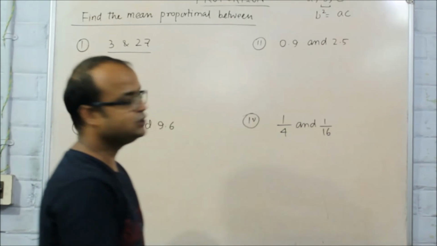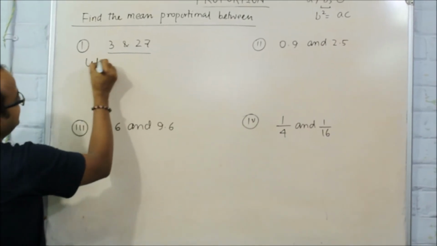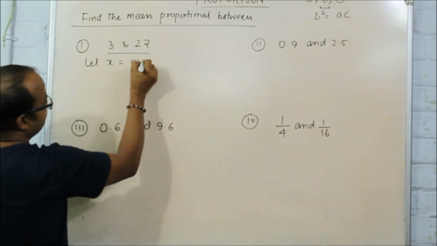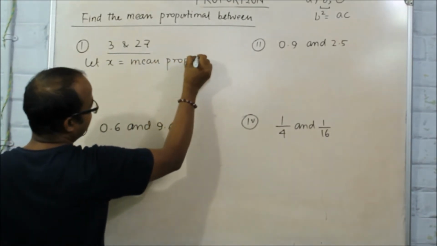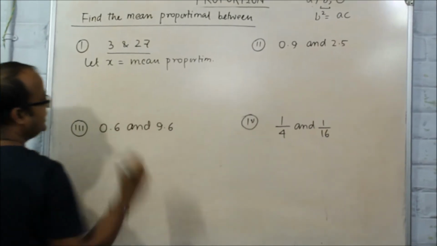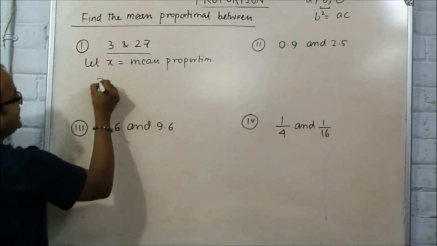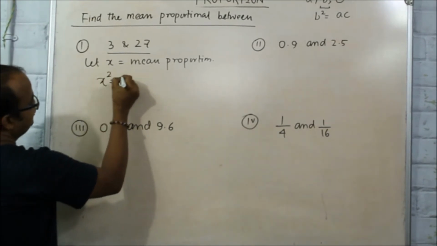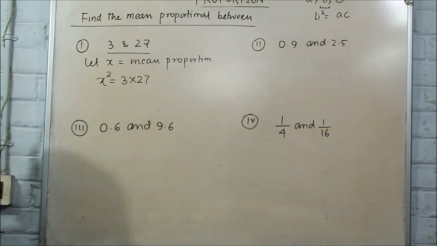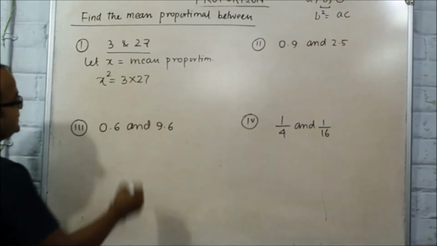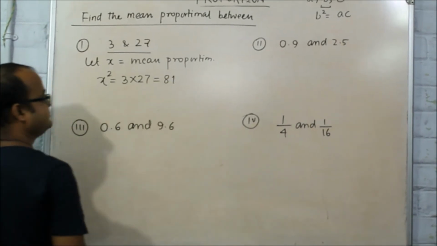So we are going to write, let x is equal to mean proportion. Now if x is equal to mean proportion, that means x square is equal to 3 into 27.